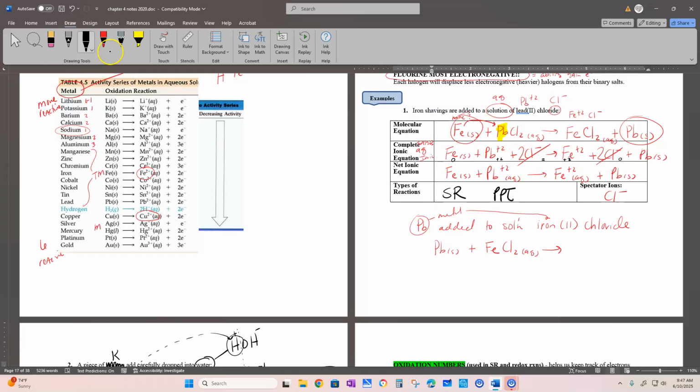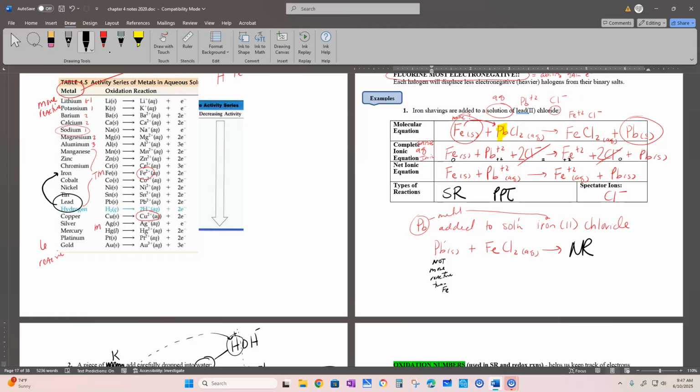Lead is down here, and he's looking to replace somebody higher on the activity series. And lead is not more reactive than iron. Because he's not more reactive, he can't swap places. There's no swapperoo. So if he's not more reactive, then no reaction.